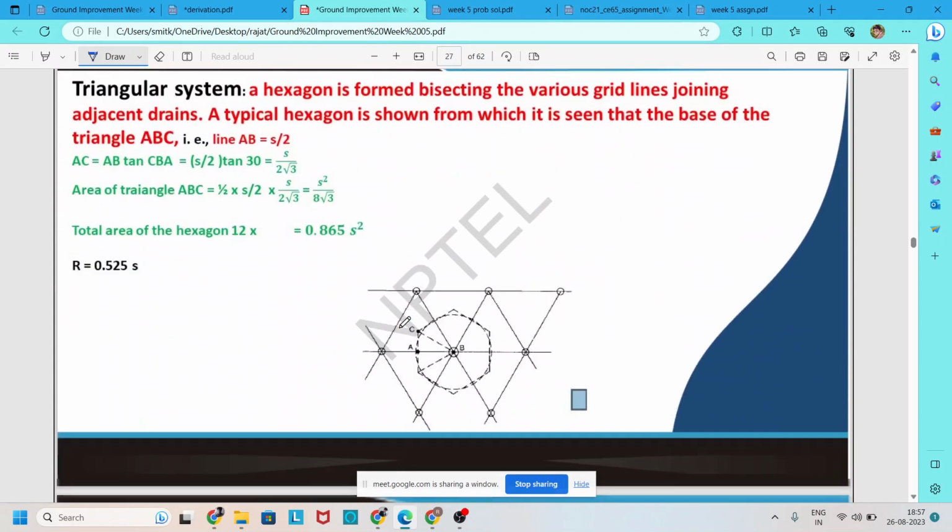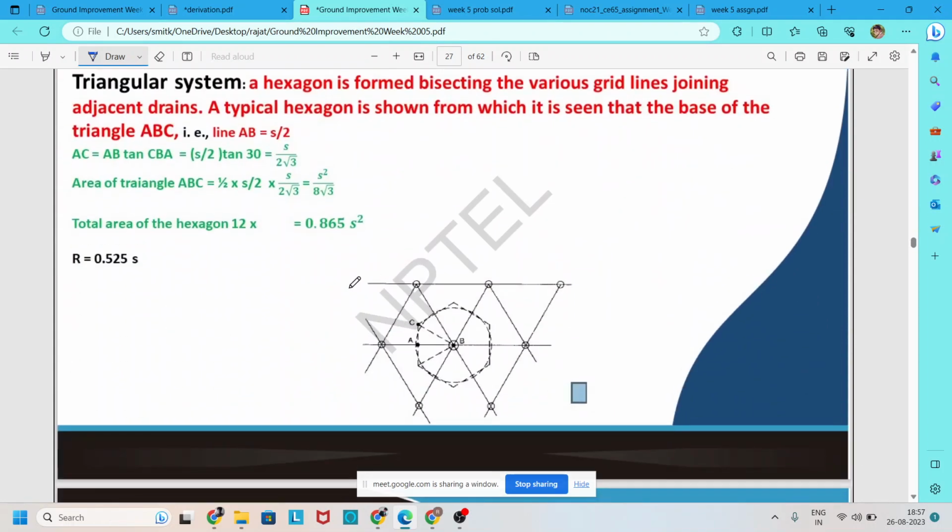For the triangular pattern also, we find out the influence area. It is nothing but 0.865 times the square of the spacing. So we see that for the triangular pattern, one hexagonal influence area is created.